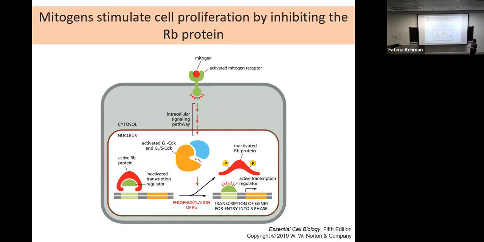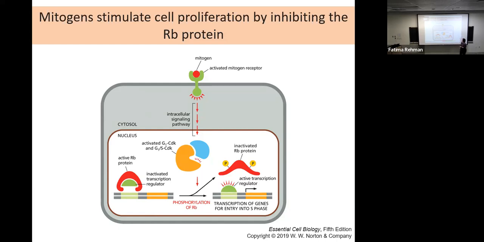So here is an example. Here is the retinoblastoma protein, the RB protein. It is normally going to be bound to the transcriptional regulators that are needed for S phase genes, and it is going to keep them inactivated at that operator region.